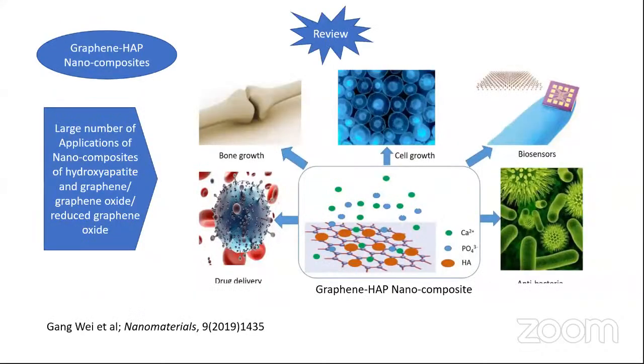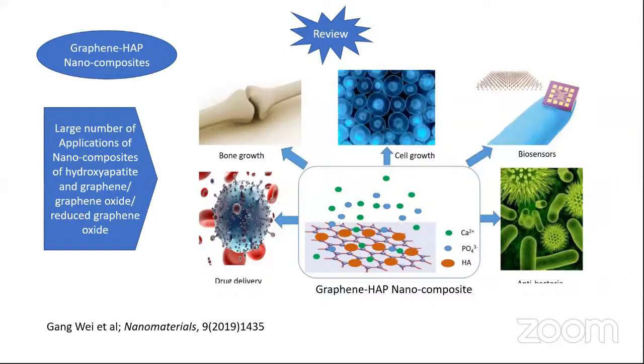Another aspect is the graphene hydroxyapatite nanocomposite. This is a very normal composite, which has a large number of applications. So the large number of applications of nanocomposites of hydroxyapatite and graphene oxide, and reduced graphene oxide. All the three have a large number of applications.